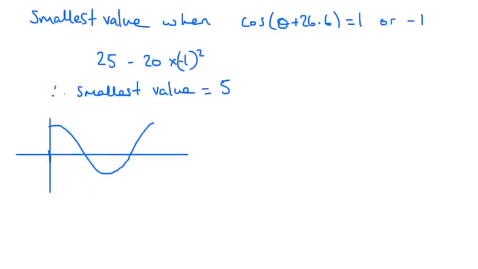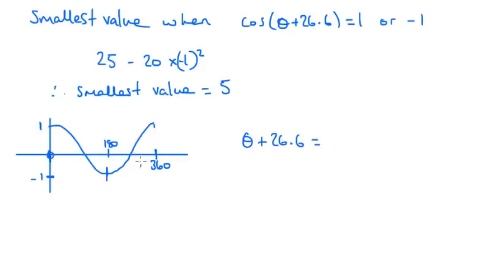And actually that minus 1 happens before we get to 1 again. That's not minus 1. Minus 1 is here, before we get to this 1 again. And this is at 180. This is at 360. So the smallest value is going to be when theta plus 26.6 isn't equal to 0.